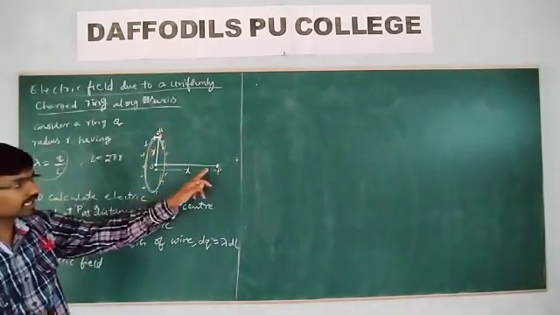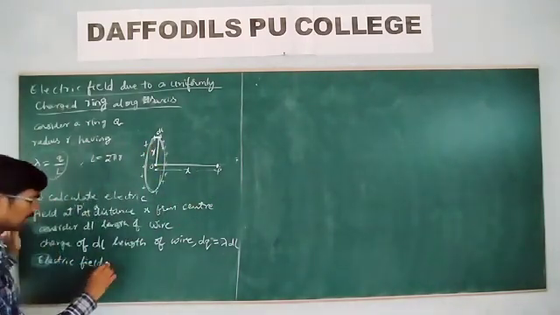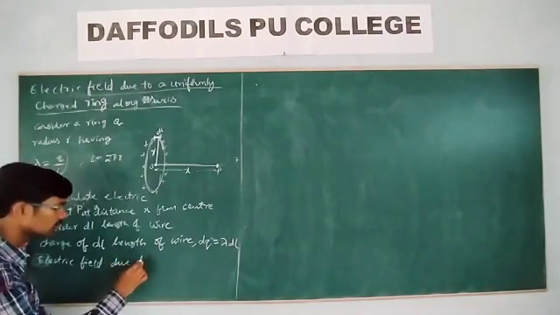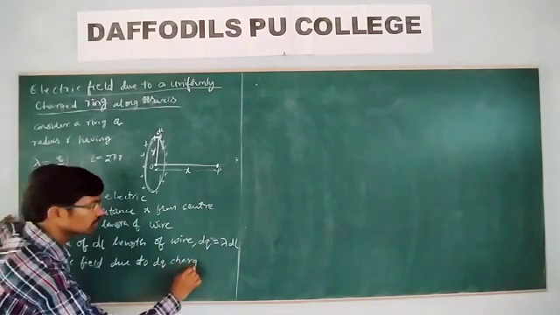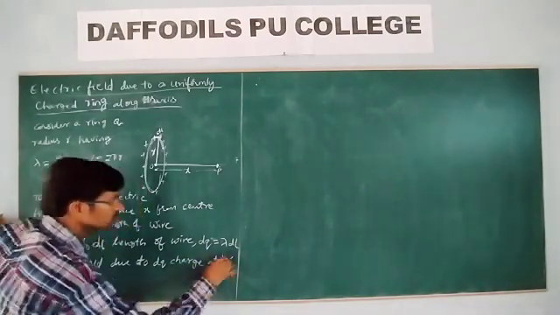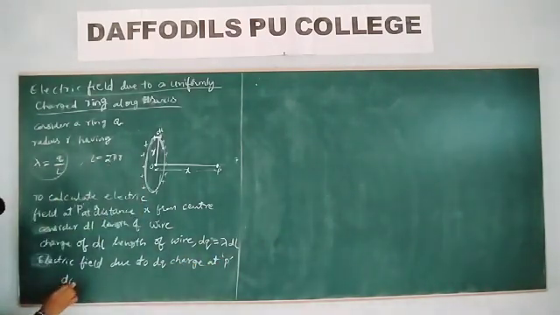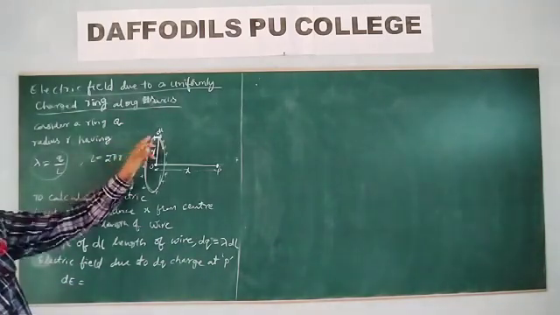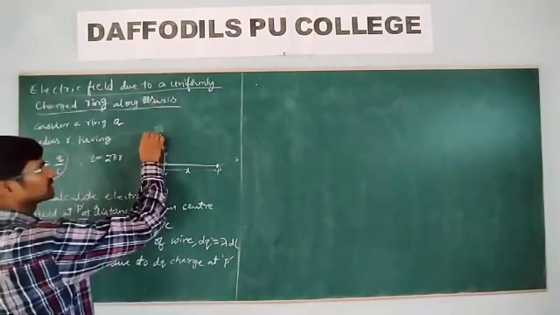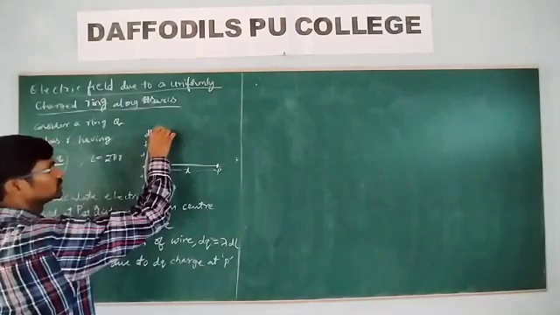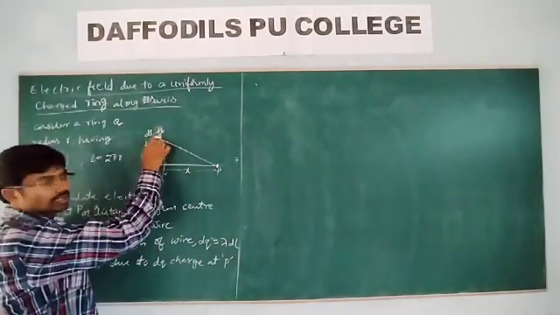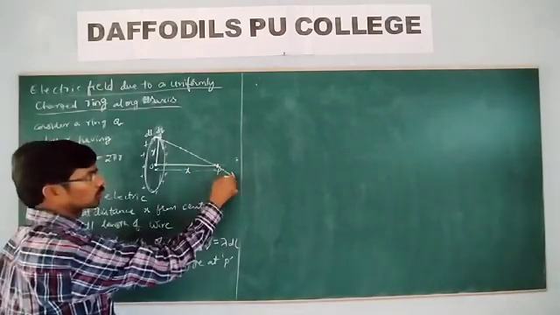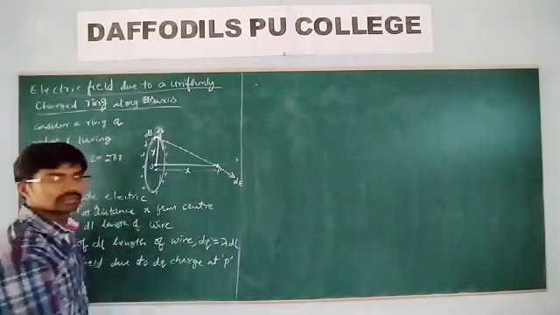Due to this dq charge, the electric field at point P is dE, very small, for this dl element with charge dq. What is the charge here? It is positively charged, so the electric field is radially outward, dE.